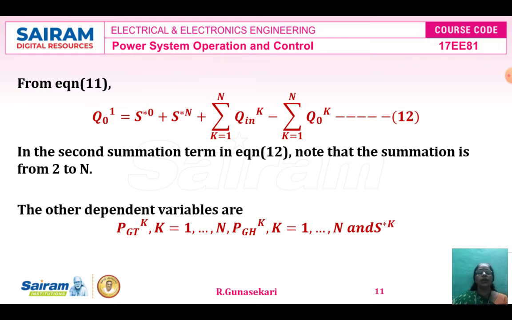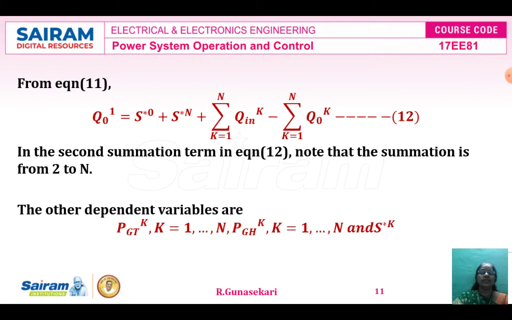In equation number 12, note that the second summation term, the summation of Q naught k, is from 2 to n only. 2 to n is nothing but the independent variables. Q01 is the dependent variable.